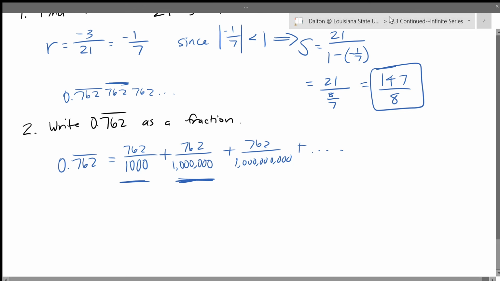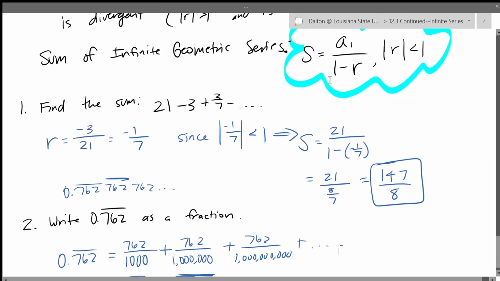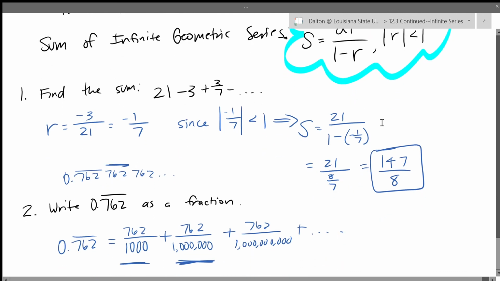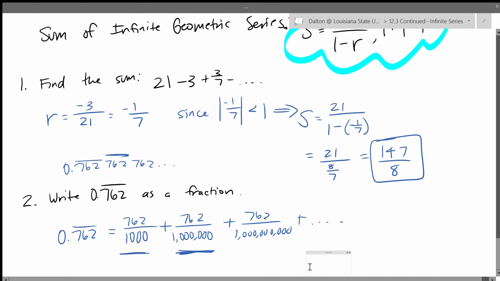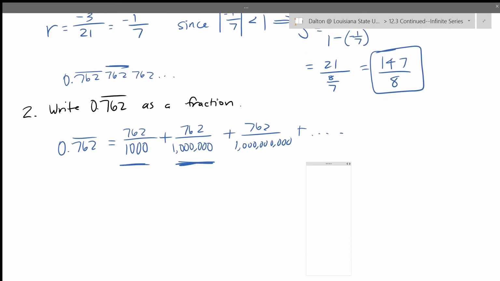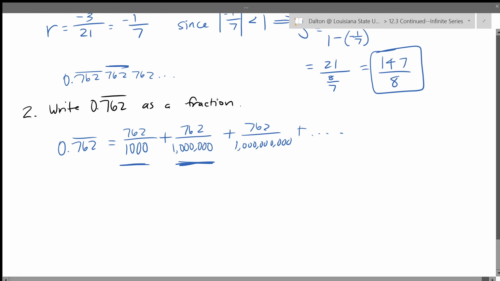Now, if I use the formula, which says you take your first term, divide it by 1 minus the common ratio, then you get the sum of all of these fractions. So let's do that. In order to find r, you divide the second term by the first term.